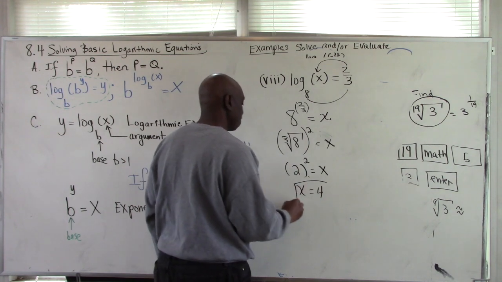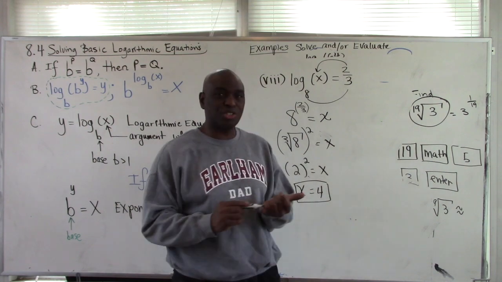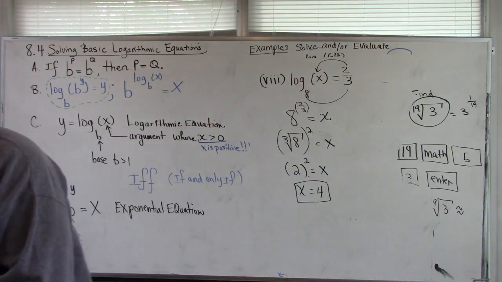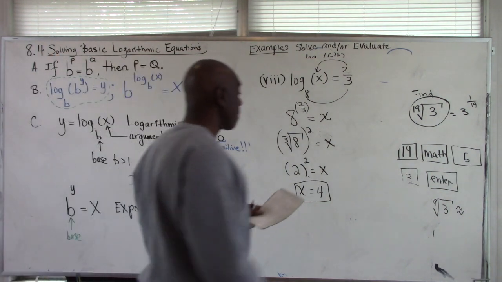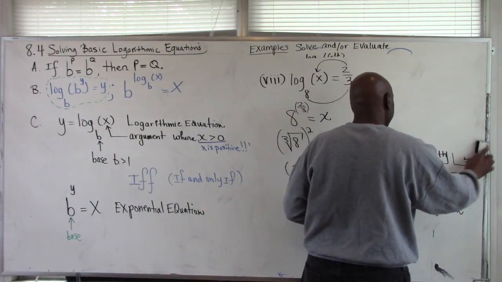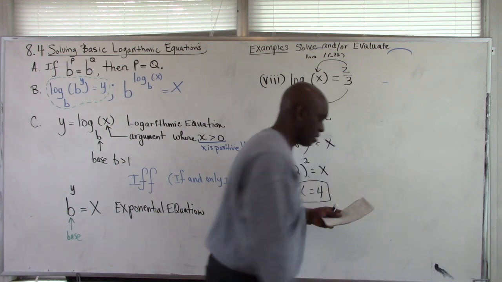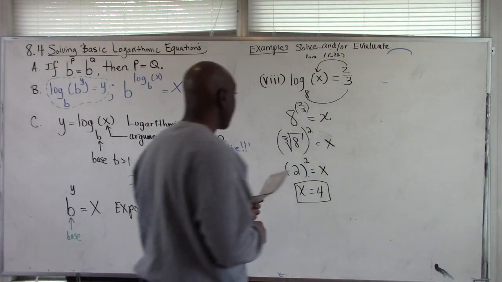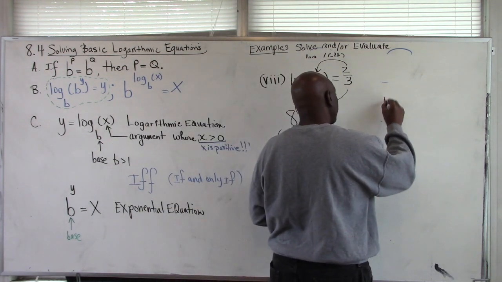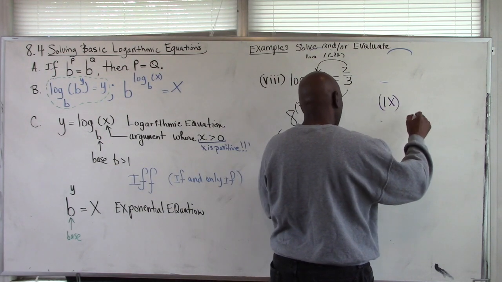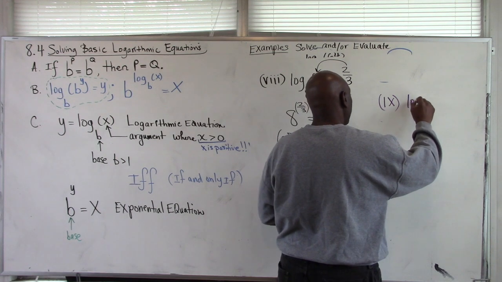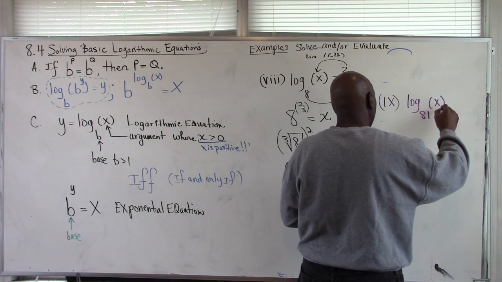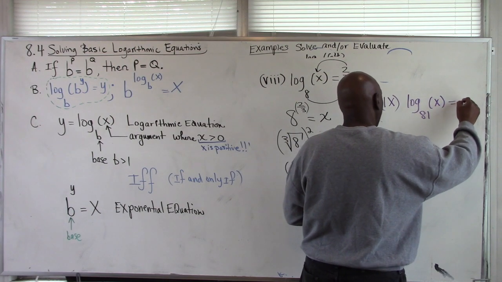All right, there you go. Let's just do one more and I'm done. Okay. Example 9. We have log base 81 of x equals -1/2.